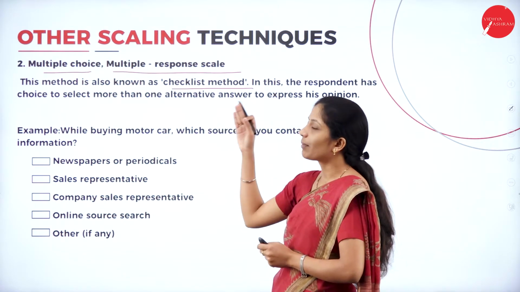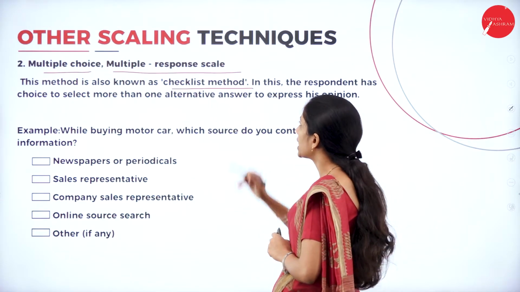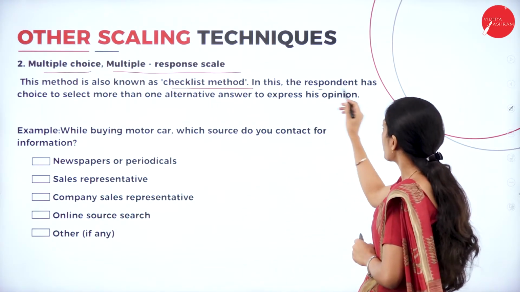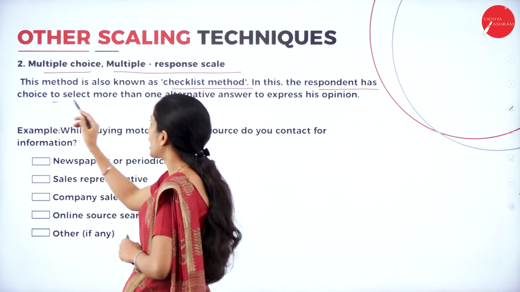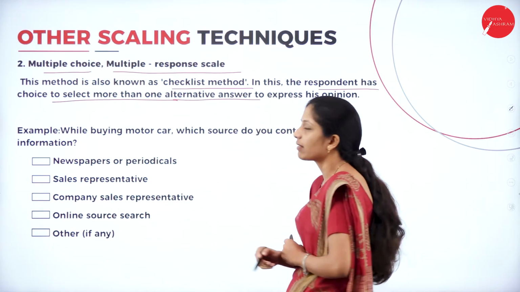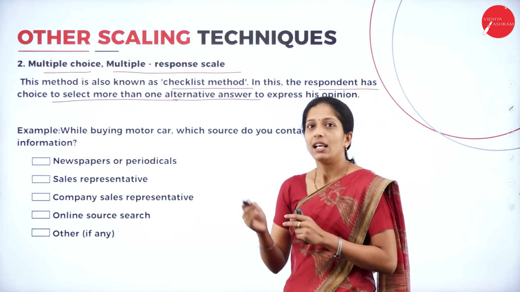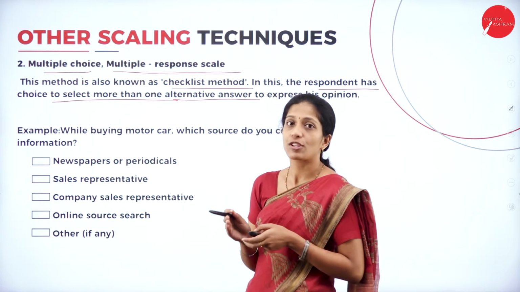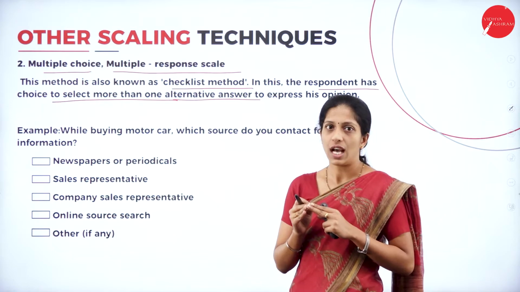So this multiple choice, multiple response scale is also known as checklist method. In this, the respondent has a choice to select more than one alternative answer to express their opinion. So here, unlike single multiple choice, single response, where they had only one option to answer.